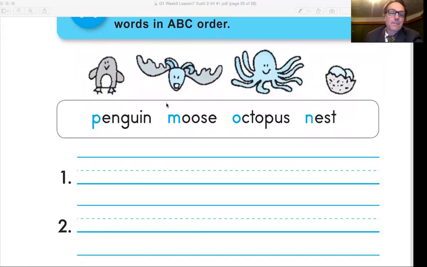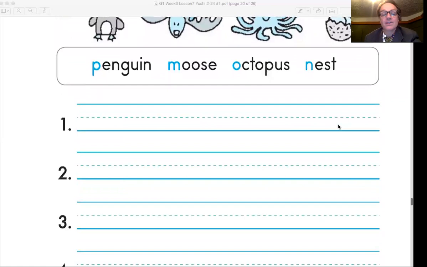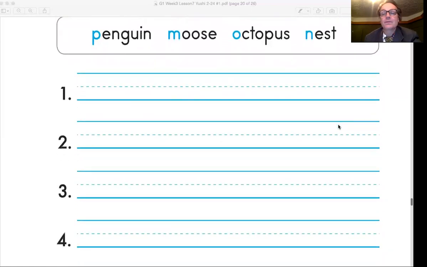Right? Penguin, moose, octopus, nest. Now, if you want to turn this off right now or pause it, then come back and I will write them in alphabetical order and we'll check their work. Okay, let's do this.